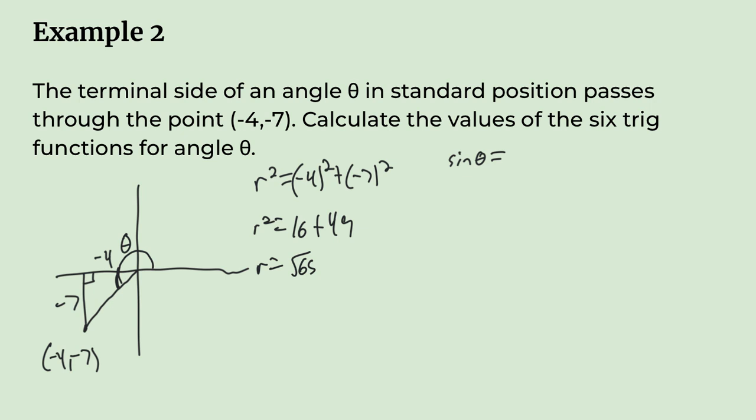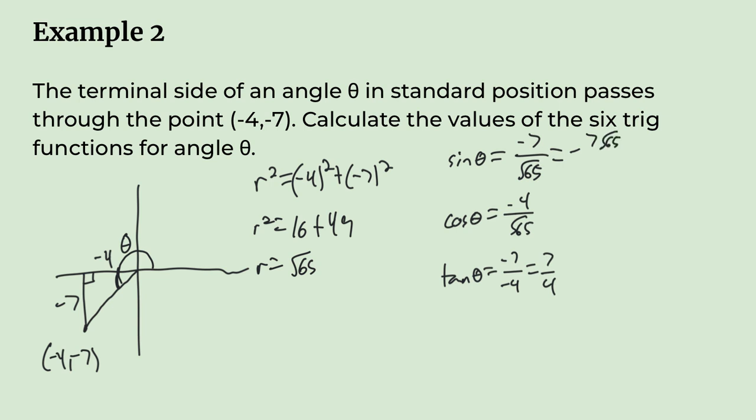So we've got sine of theta equals -7 over square root 65. Cosine of theta equals -4 over square root 65. Tangent of theta equals -7 over -4, which would be 7/4. Rationalized, this will be negative 7 square root 65 over 65, negative 4 square root 65 over 65.